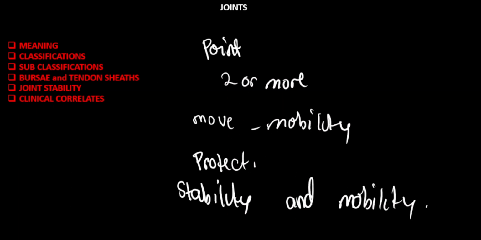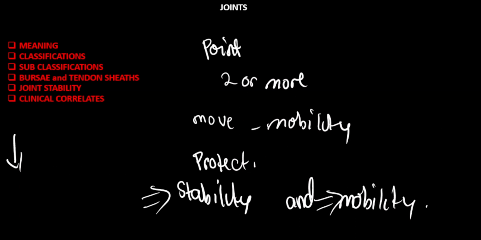Of course, as we go on in this video, we'd see that stability and mobility are two factors that are kind of opposing. So in order for you to maintain high stability, you would have to compromise on mobility, and in order for you to have high mobility, you would have to compromise on stability.